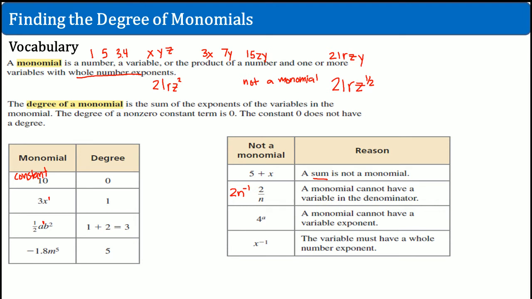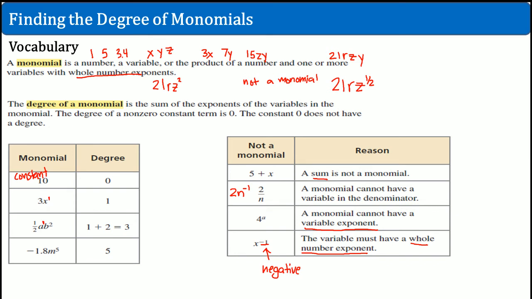Here, the exponent here is a variable. It's a variable exponent. Okay, so this is not a monomial. It has to be only a number. And here, the exponent here is not a whole number exponent. Okay, this is a negative 1. You're not allowed to have that. Alright.